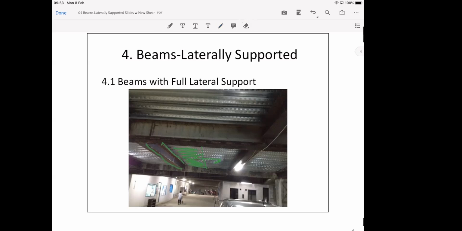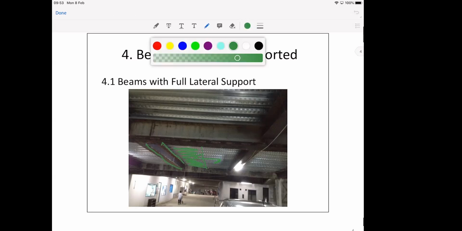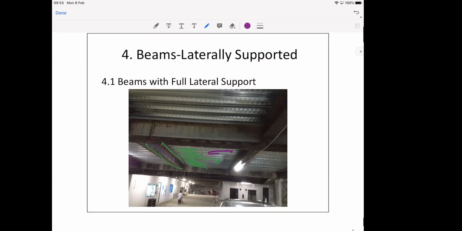And another half will go onto this one. And just like the hollow core, this is the metal deck. We need to find a way to connect the metal deck to the beam, and that connection will help brace the beam, and therefore the green beam and purple beam will not move laterally.